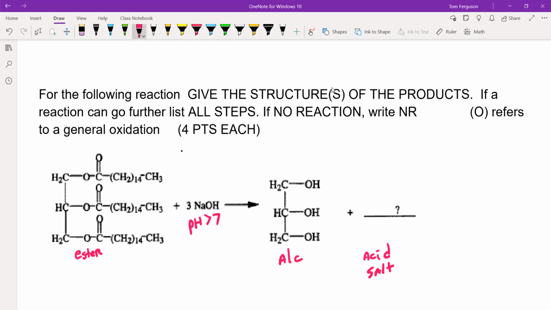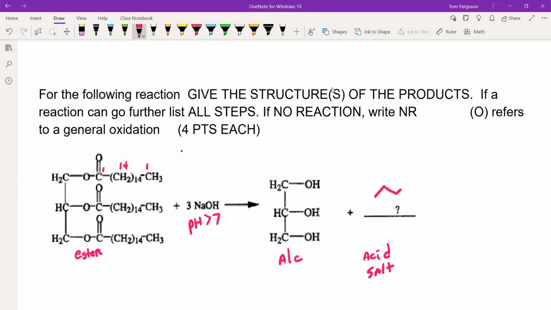So these guys are 16-carbon saturated fats.